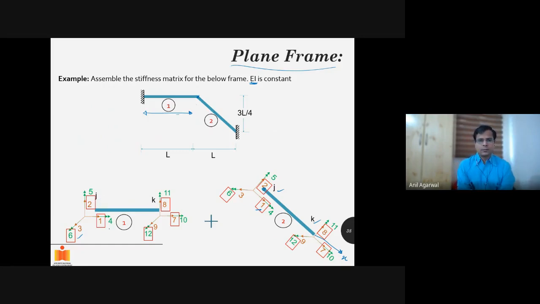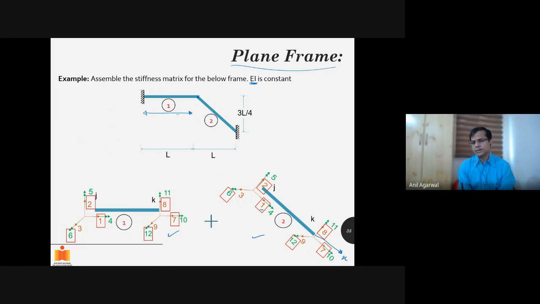All right, so our 1, 2, and 6, and 7, 8, and 12 are pretty clearly known to us. Here 1, 2, and 6, 7, 8, and 12 are also known to us. So we can develop the stiffness matrix in this plane and likewise in this member. But those stiffness matrices will be aligned according to these degrees of freedom.